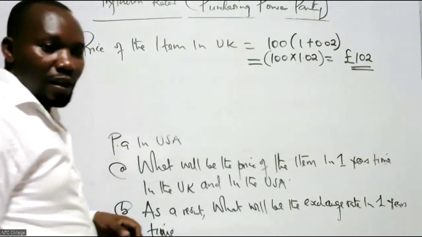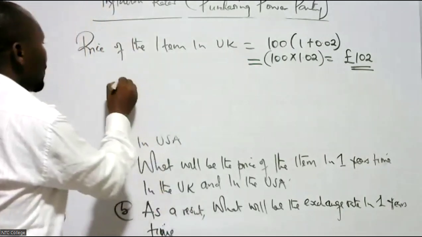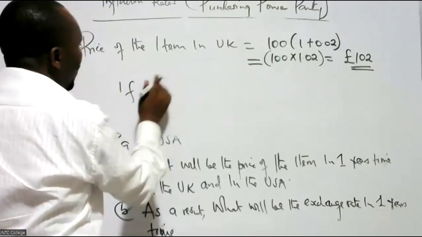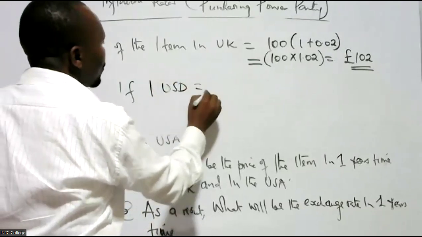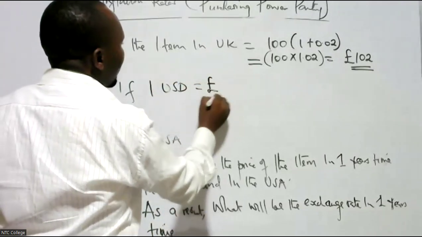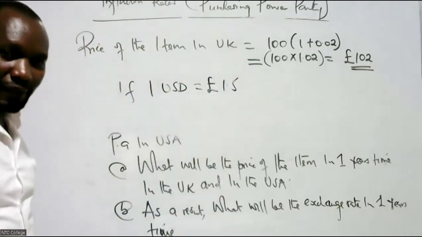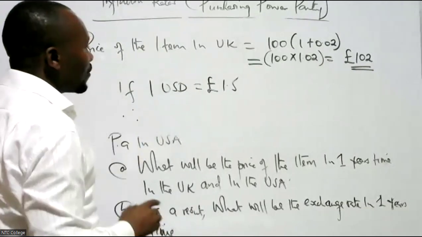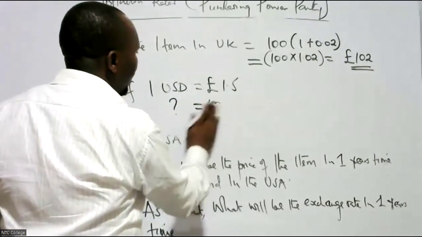Currently, what is the equivalent of that in US dollars? So you say that if 1 USD is equal to 1.5, that is the exchange rate currently. Then the price of that property should be what in dollars?